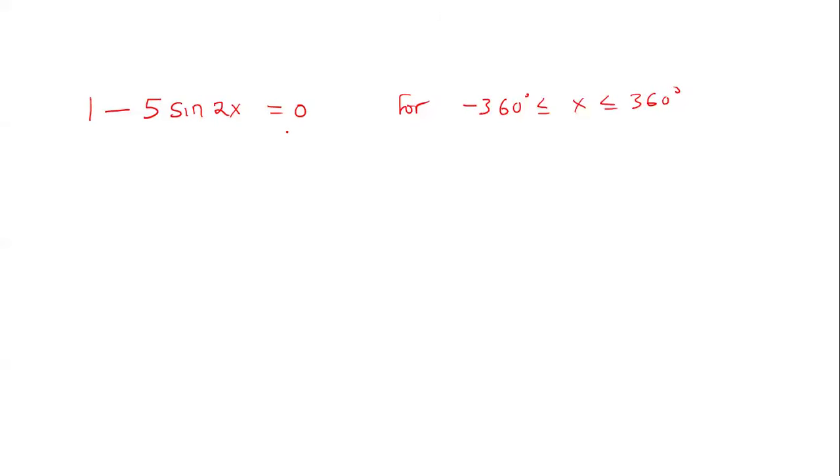So I just want to talk about the way we got the answer. It is 1 minus 5 sine 2x. The first thing we do is take the 1 on this side to the other side, giving -1.